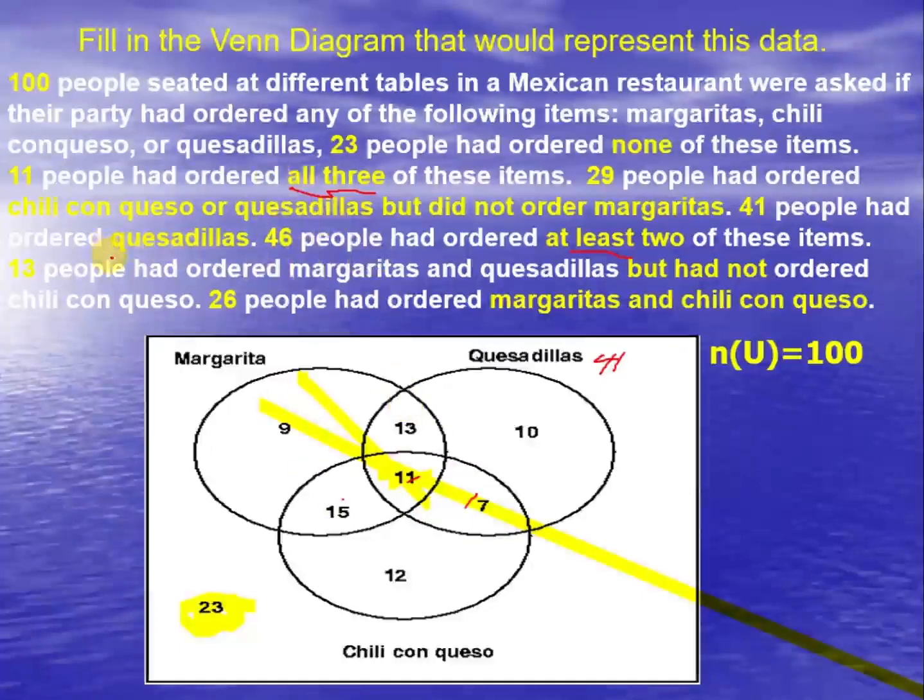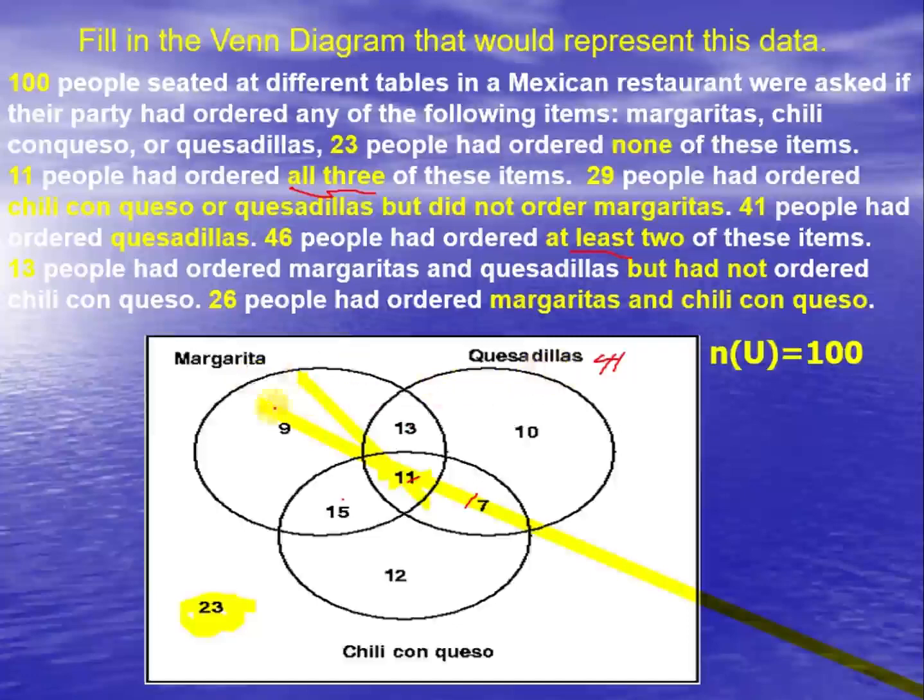Now, 13 people had ordered margaritas and quesadillas, but had not ordered chili con queso. So 13 people. So we have quesadillas and margaritas. So first look at this one and then this one. And you look at this and this. Which one are they talking about? We have margaritas and quesadillas.